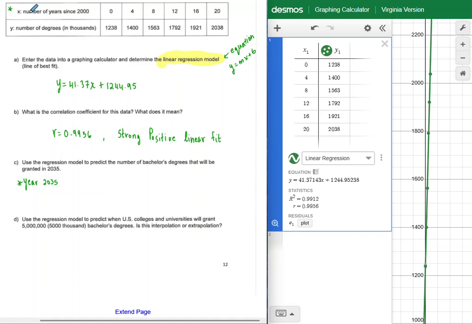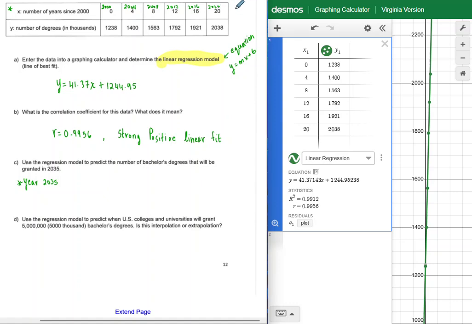Notice that here it says number of years since 2000. So 0 plus 2000, this is actually the year 2000. 4 plus 2000, this is actually the year 2004. And this is 2008, this is year 2012, and then so on, 2016, and then 2020.